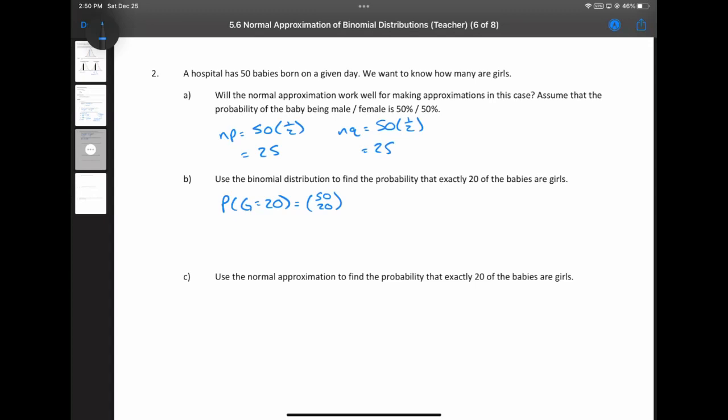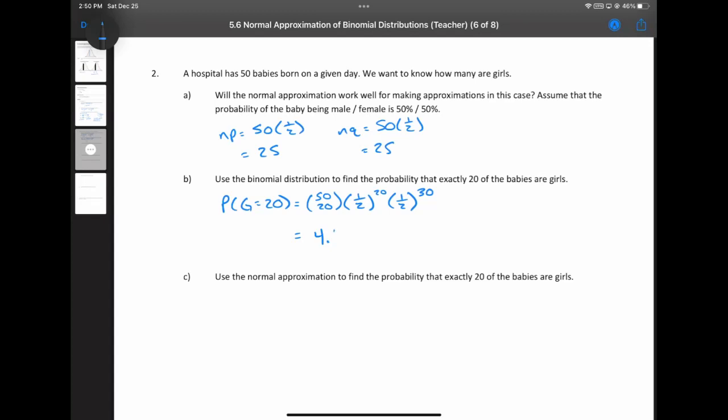50 choose 20 tells us where the successes occur, probability of success to the number of successes, probability of failure to the number of failures. Okay, so punching that into the calculator, 50 choose 20, big number, divided by 2 to the exponent 50, and I'm getting out, again, normally I'd probably round this off, but just because I want to compare the normal approximation to the binomial exact answer, I'll keep a few extra digits.